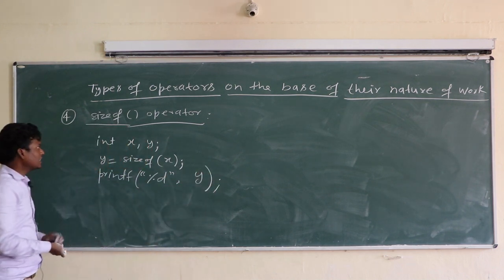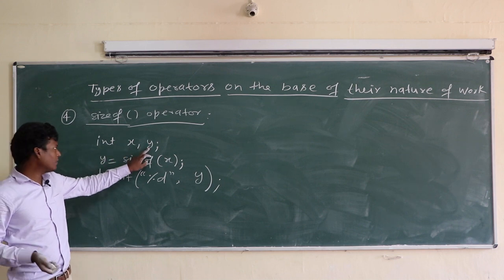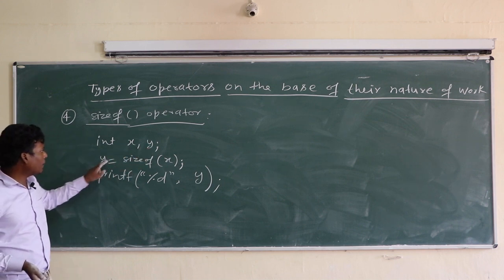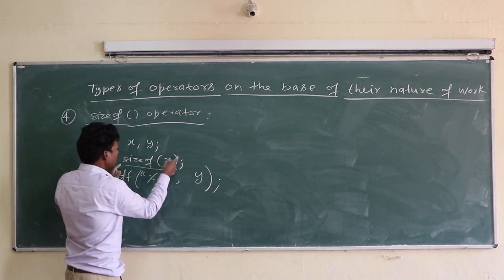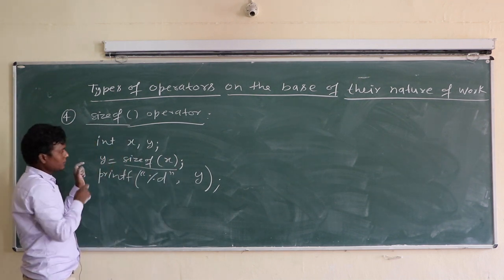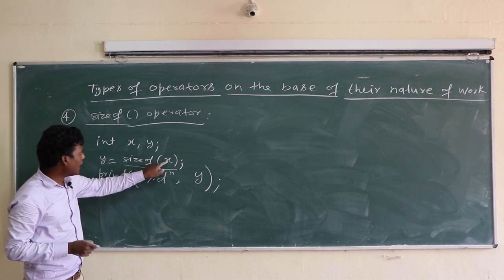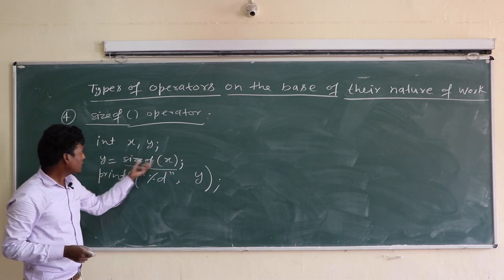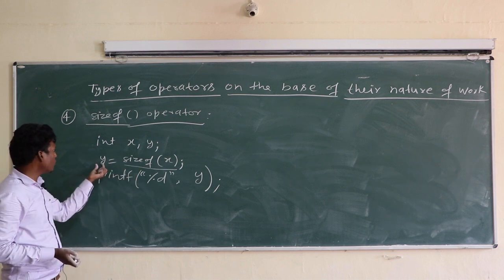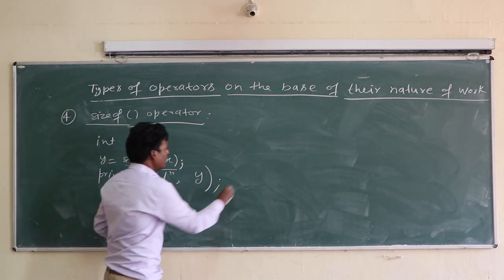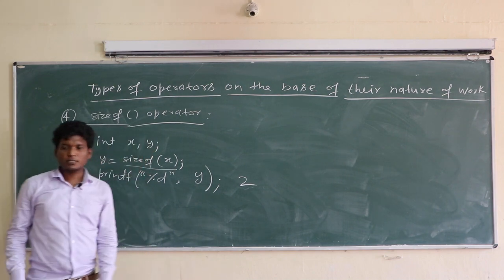So class, here you can see x and y are two integer variables, and this result is assigned to y. The size of x is an integer type, so the size of x will be 2, and the result 2 is assigned to y. printf("%d", y), the result will be 2. This is the sizeof operator.